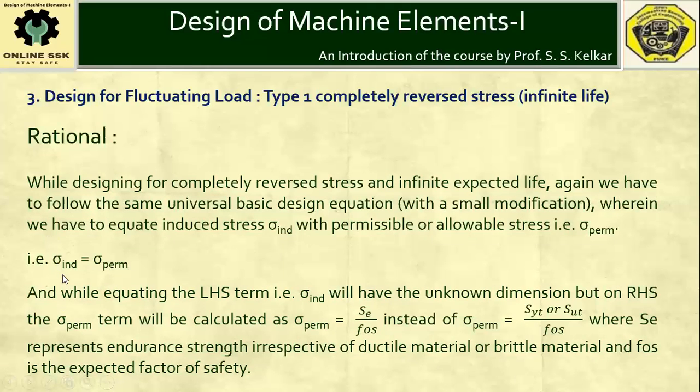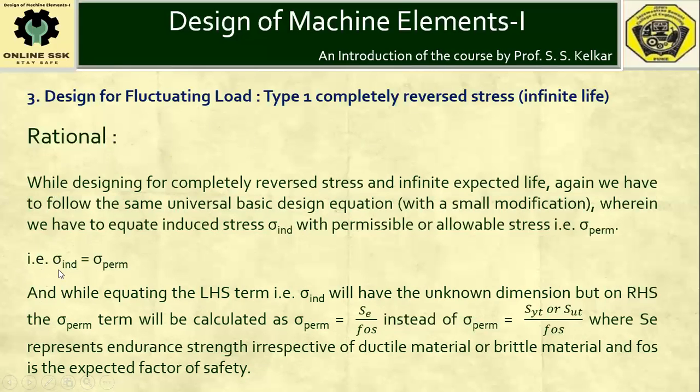On the left hand side, sigma induced is calculated as usual, in the same way as in case of static loading. We calculate sigma induced in case of fluctuating load or completely reverse stress also.